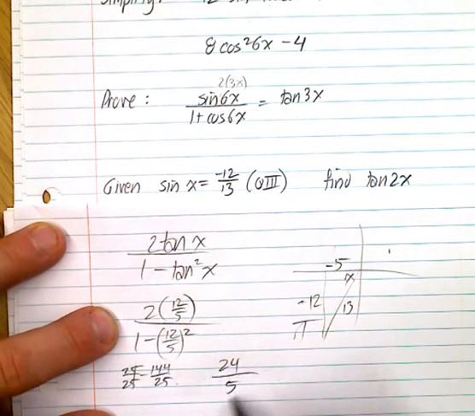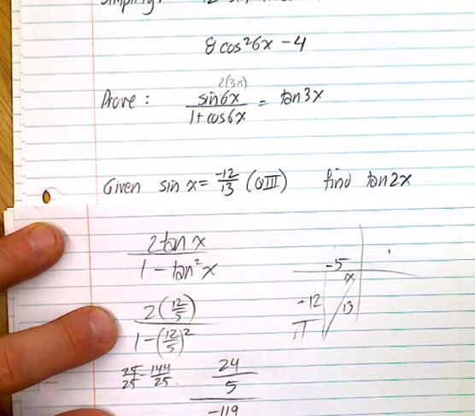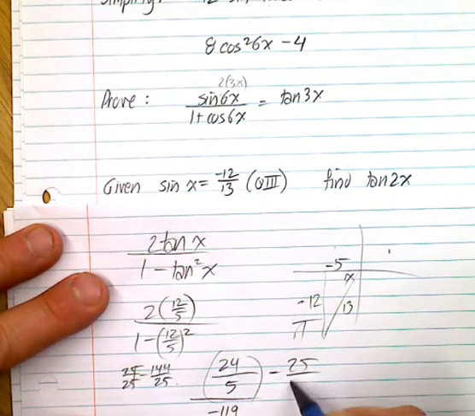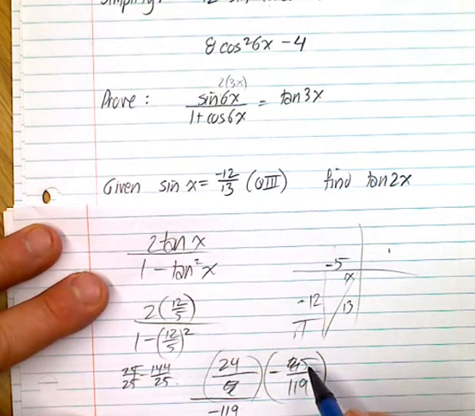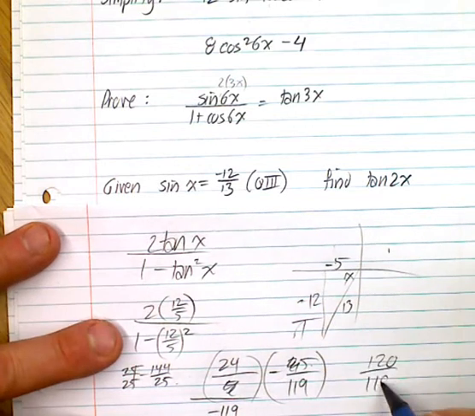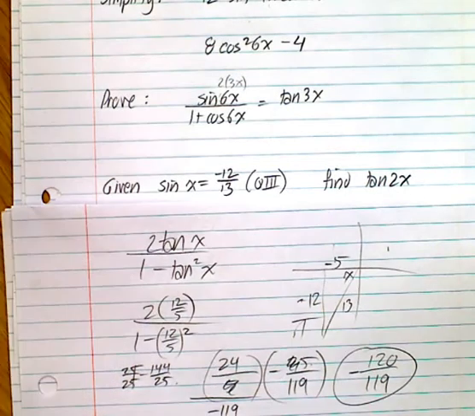So over negative 119 over 25, right? That's crazy. So this is going to be times negative 25 over 119. That goes into there 5 times. 5 times 24 is 120 over negative 119, and I think that's actually the answer.